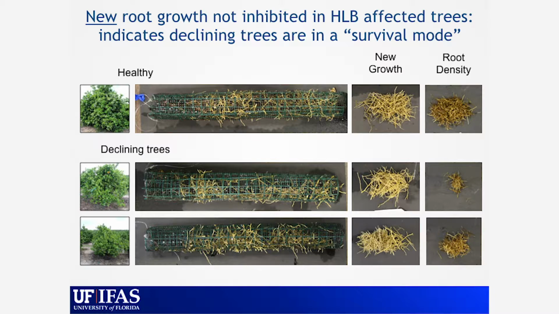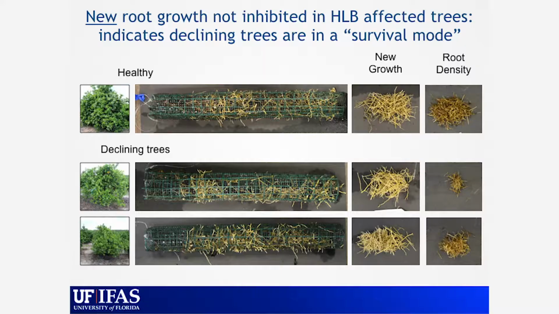You extract these cages after about 45 to 60 days and compare healthy trees with declining trees, and you see something quite unexpected. The new root growth in these cages is similar. But the root density that was being supported outside of that cage is obviously very different between the healthy and the declining trees. So what I call a survival mode is being expressed here by the HLB-infected trees.